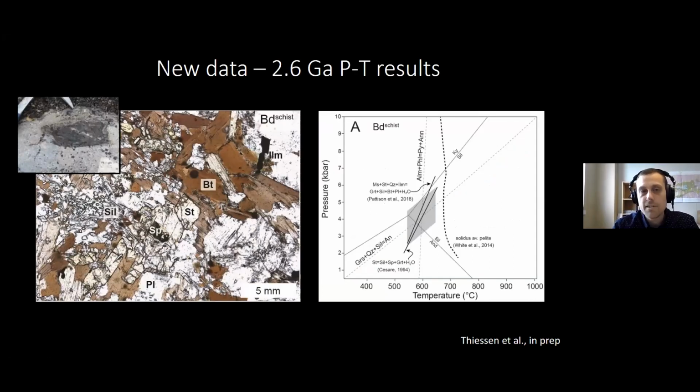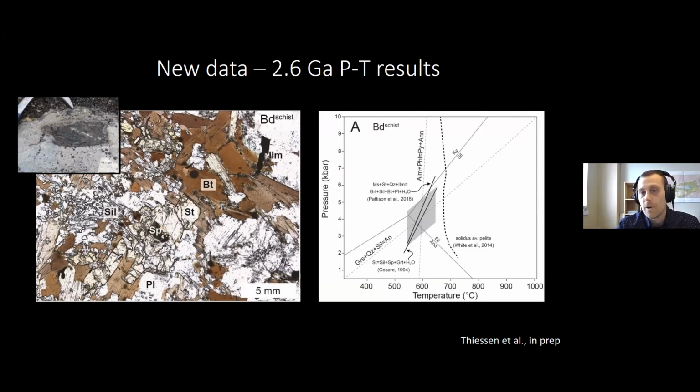As for PT constraints for this distant west portion of the Rae, within this semi-pelitic raft, we have an interesting metamorphic assemblage that contains staurolite and spinel, as well as limonite, biotite, plagioclase, and ilmenite.